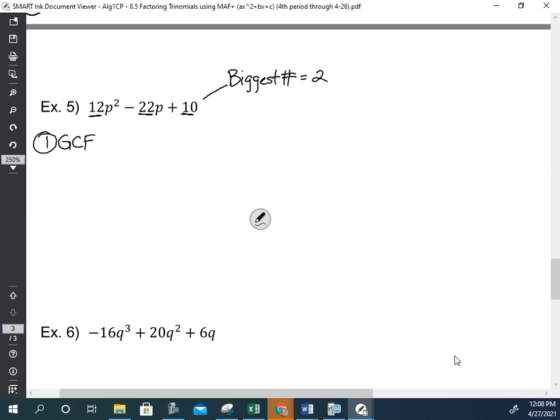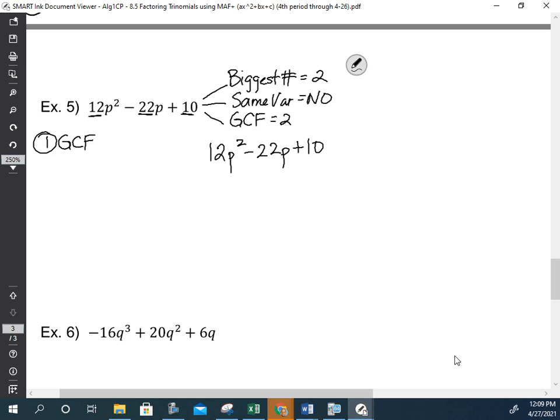Number 2, do they all have the same variable? No. You can't take out a variable. So your GCF is 2. So we're going to take this problem and divide everything by 2.